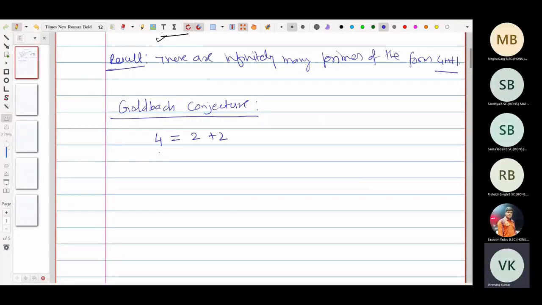Take 6, another even integer: 3 plus 3. And 8: this can be written as 3 plus 5 or 5 plus 3. And 10: this is 7 plus 3, or another way, 5 plus 5.